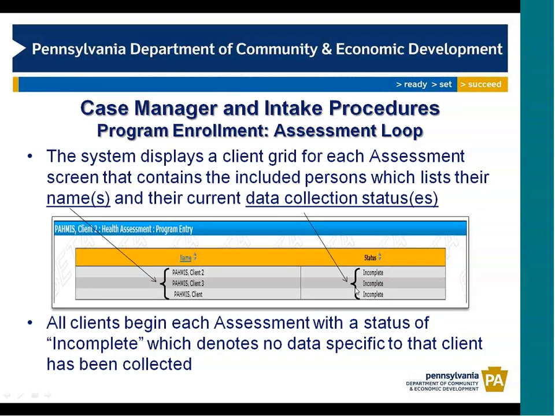And as I said before, each client will be listed with their name as well as the status of whether the data has been completed or not. All of them, when initially entering an assessment loop or even the data element validation, have the status of incomplete. That means, hey, no data has been saved or collected for this specific client. And as the information is completed and you cycle through clients, the status will be updated.